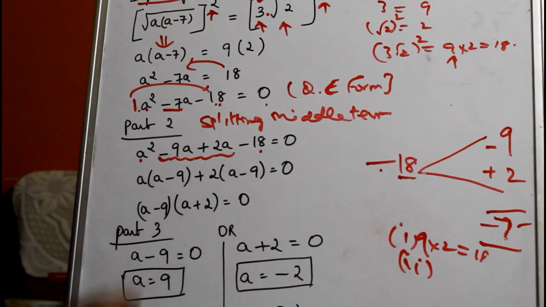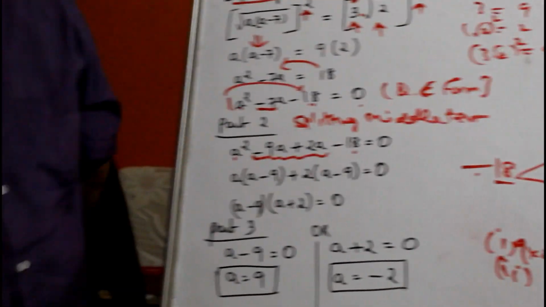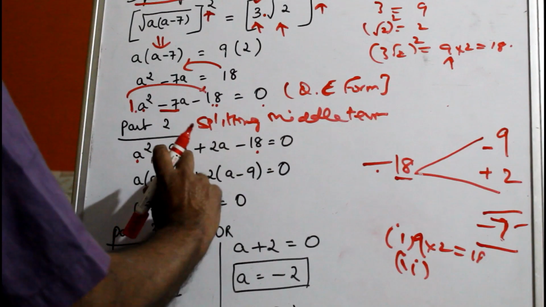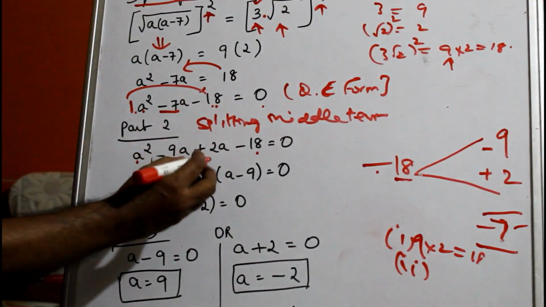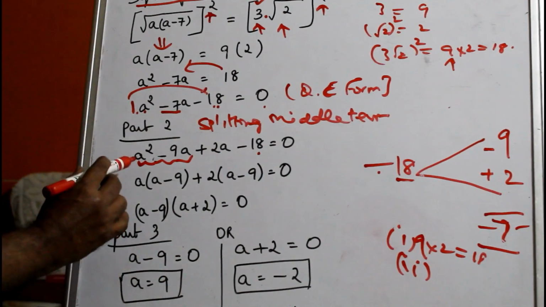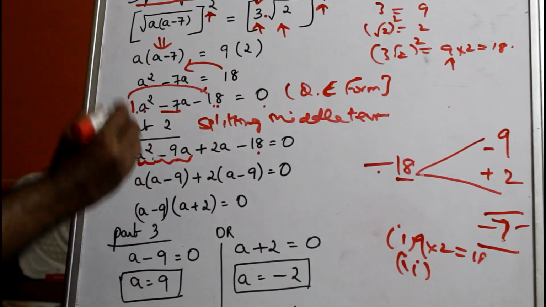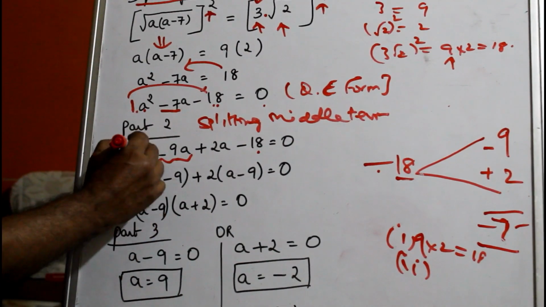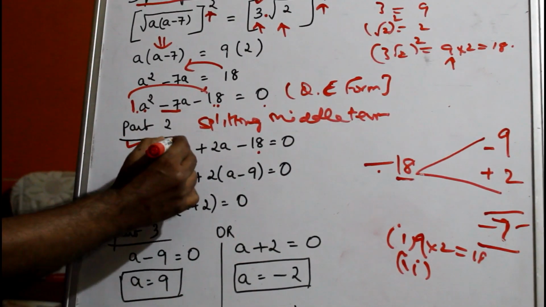And then you must do grouping. After writing this, you split the middle term, and then you do grouping. Take the first 2 numbers. In the first 2 numbers, only a is common. Number is not common. So put a into a minus 9. If you want, you can check it. A into a is a square. A into minus 9 is minus 9a.